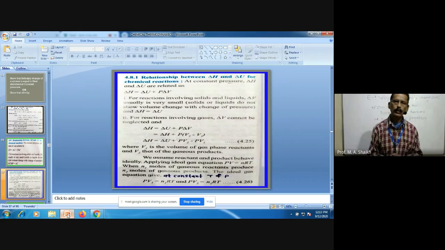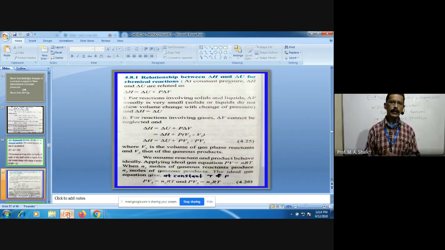Why do you have to take help of the ideal gas equation? Because our reactants and products are in gaseous state, or our system is a gaseous chemical reaction. So by using the ideal gas equation at constant temperature and pressure, don't forget the conditions. Temperature and pressure should be constant.